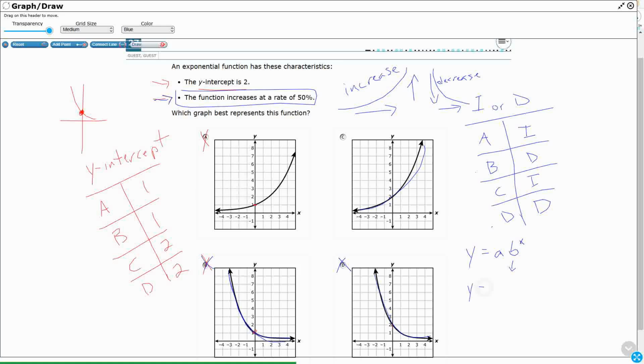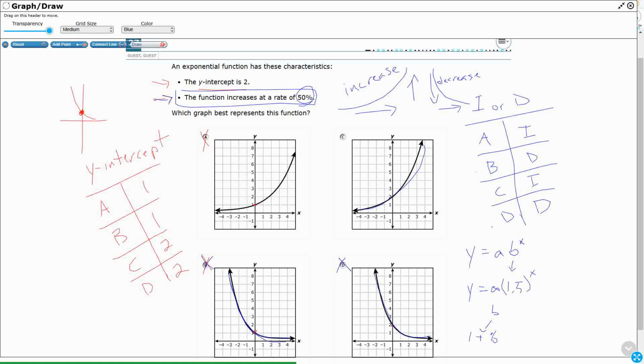And so we know that it increases by 50%, right? And so when we're increasing by 50%, we are going to make sure that we are going by 1, and then we have to add that 50. So that b is really 1 plus whatever the percent change is, positive or negative. So it's going to be 1.5, right?